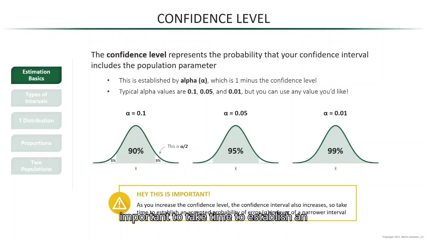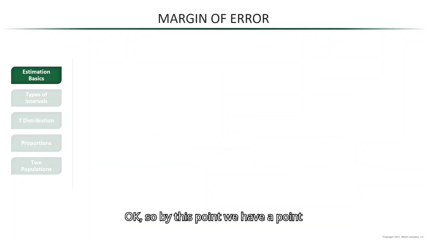And that's why it's so important to take time to establish an accepted probability of error, or accepted probability of your estimate not including the population value, in favor of a narrower interval. And this will vary, of course, depending on each individual scenario. Okay, so by this point we have a point estimate from our sample and we've established a confidence level.